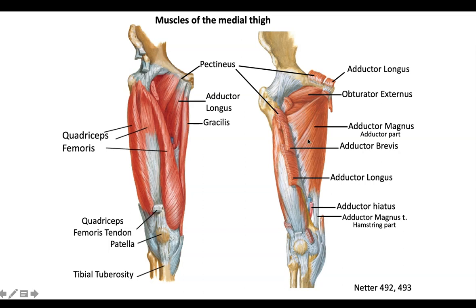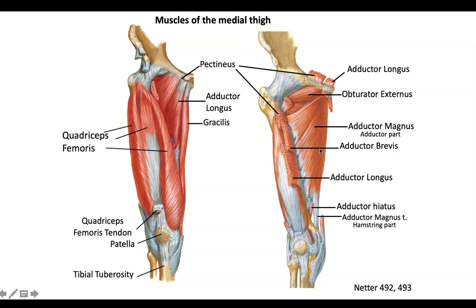And then the largest one is the adductor magnus. See, it lies more posteriorly, and adductor magnus is the largest adductor muscle. It has two different parts. This large fan-shaped or triangular part, which has an aponeurotic attachment into the linea aspera, is called the adductor part of the adductor magnus.